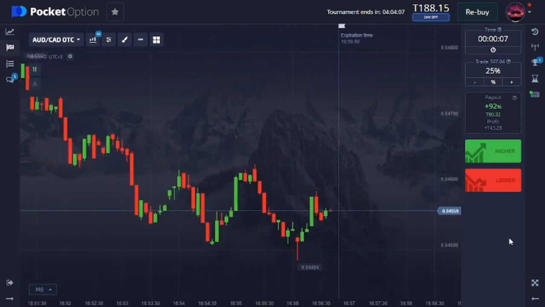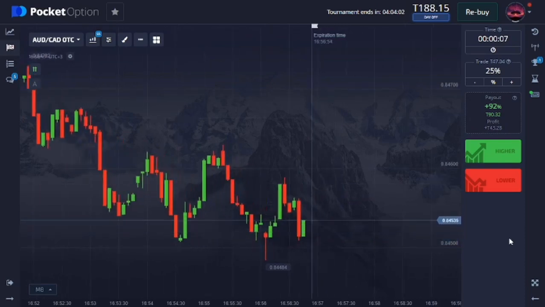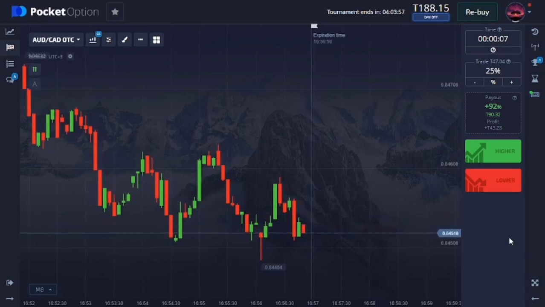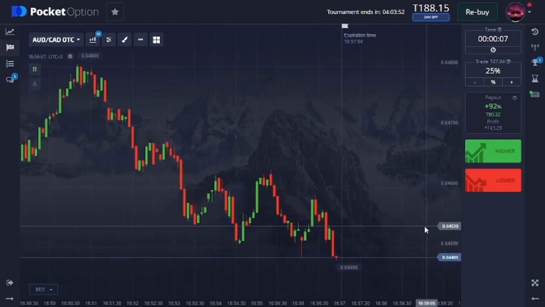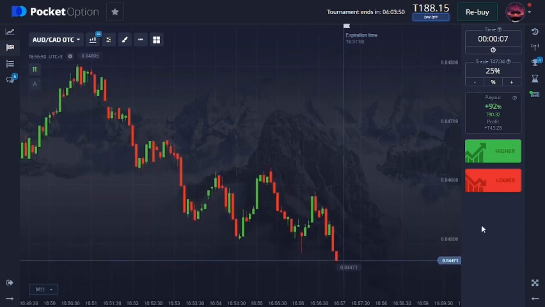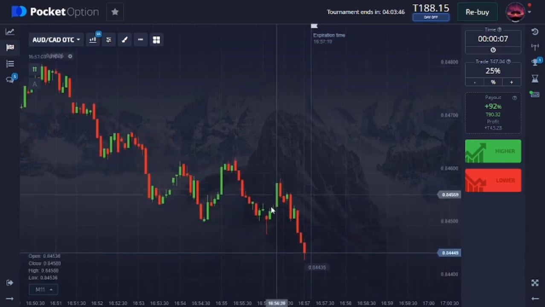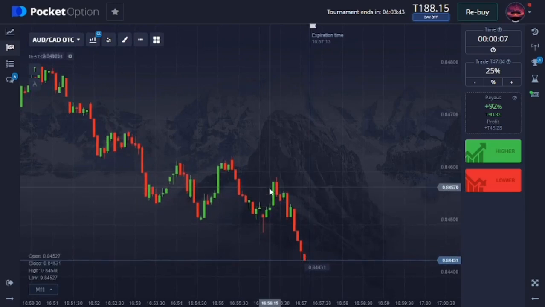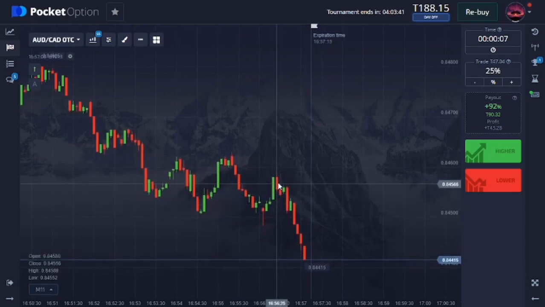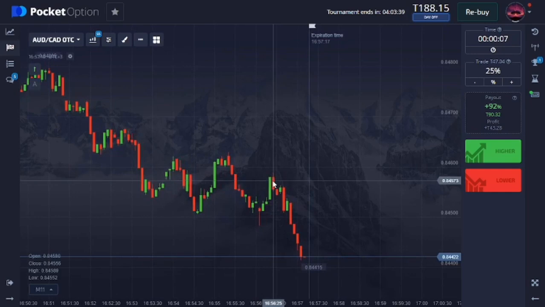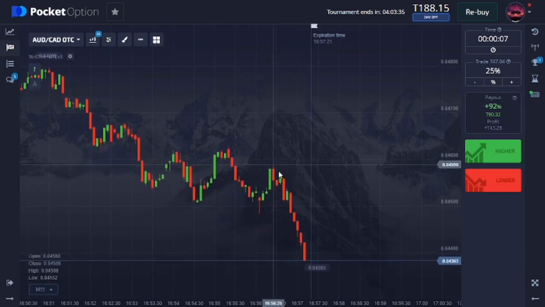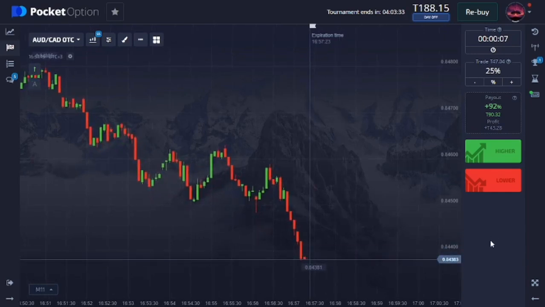Let's wait for another opportunity. I think it is in a strong downtrend, so we should only be looking to sell, otherwise we will fail. This retracement back is only a pullback, to take it to the higher prices and drop it back.